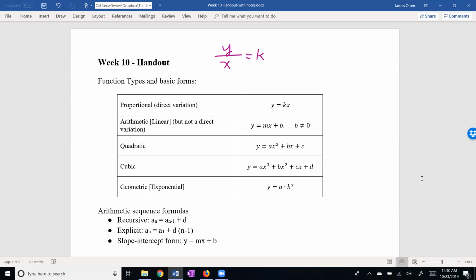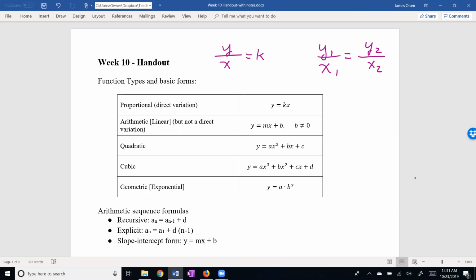So if I have a couple of ordered pairs, y1 over x1 equals y2 over x2. And the proportional relationship, again, is a line that goes through the origin. If they're proportional, we're going to also have the ordered pair 0, 0.